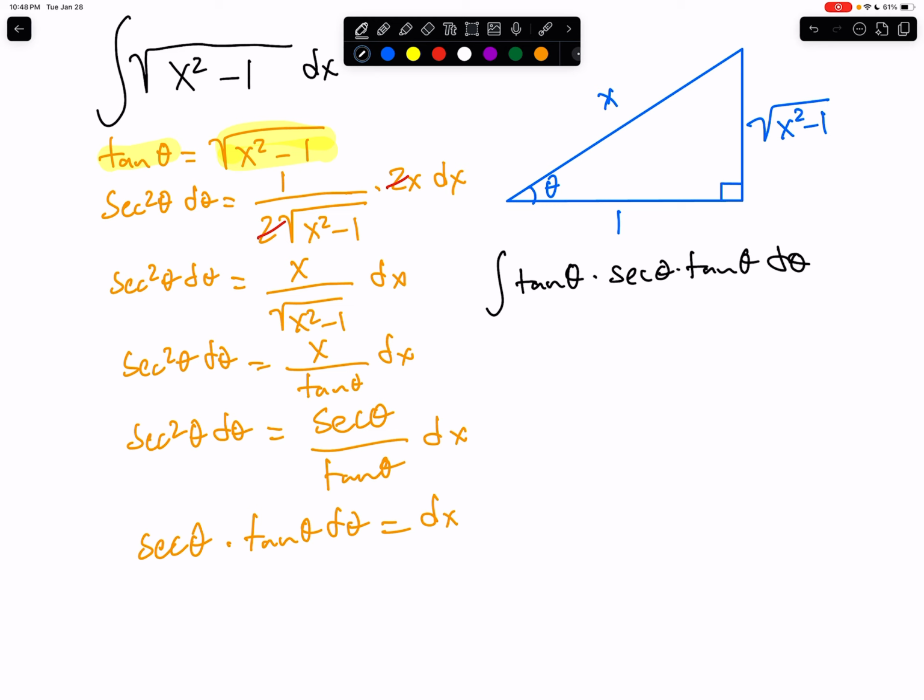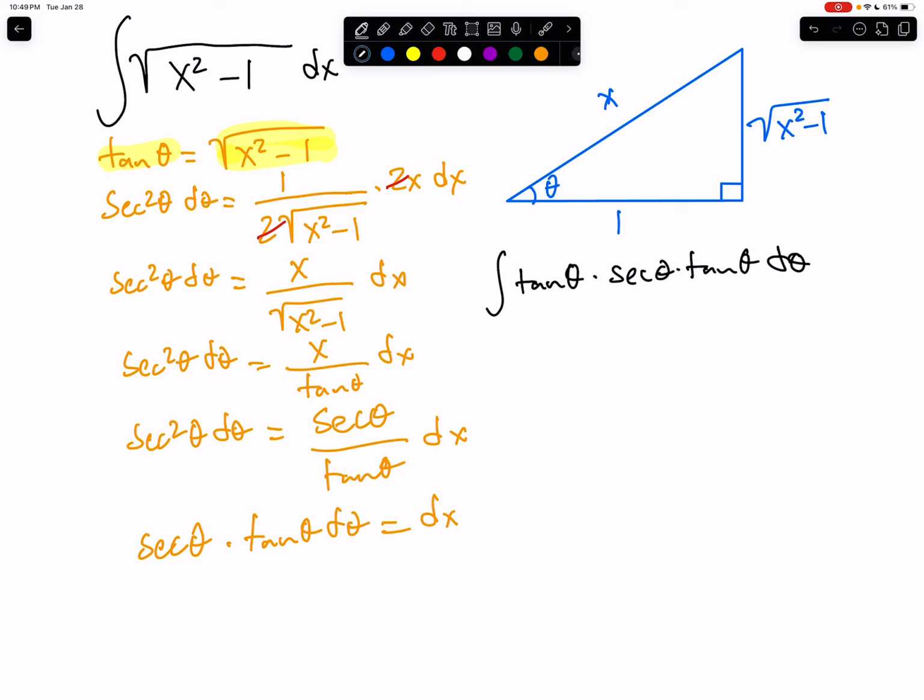Okay, so we're now in trig, and you're thinking, Vade, you said trig is our best friend. Well, we've got to do some work here. Hopefully, so far, the right triangle trig, the d theta and the dx should all make sense based on your prior knowledge and fundamentals. The hardest thing to think about is why I set tangent of theta equal to this, and realizing that these are completely separate worlds, so we can do whatever we want here.